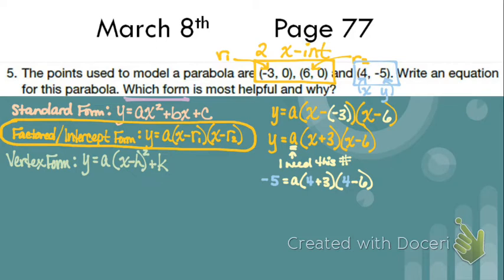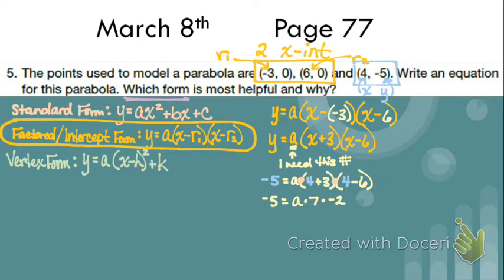What operation is happening between these sets of parentheses? What's happening between the a and the first set of parentheses? Multiplication. So I have negative 5 is equal to a times what? 7 times negative 2.